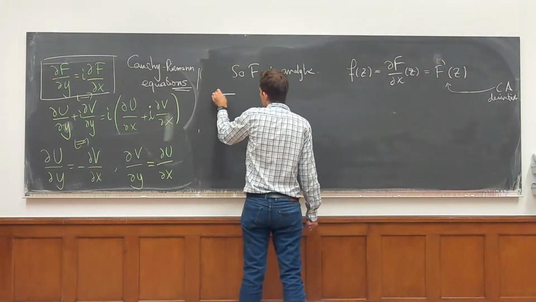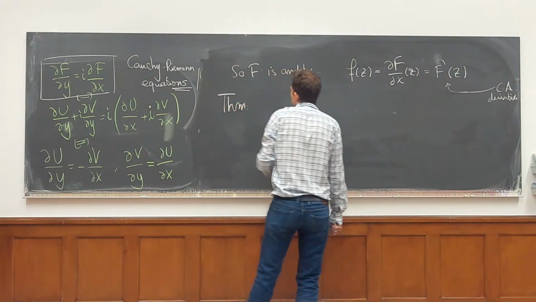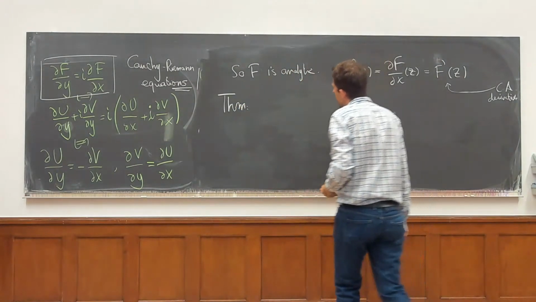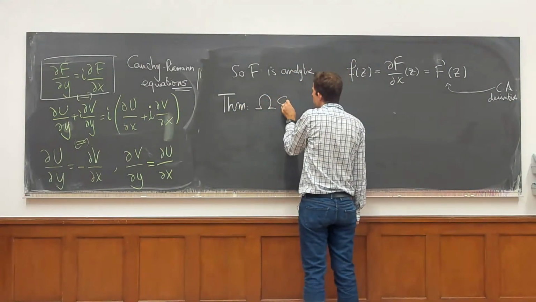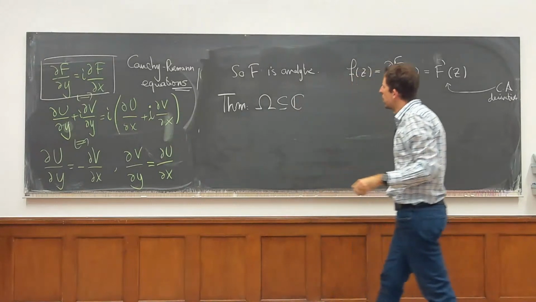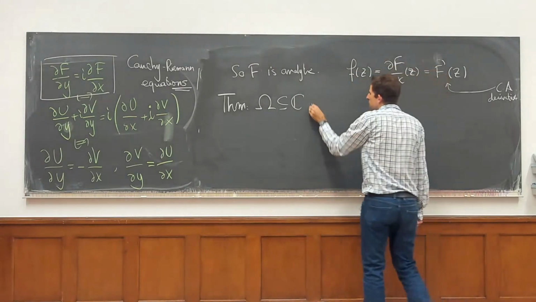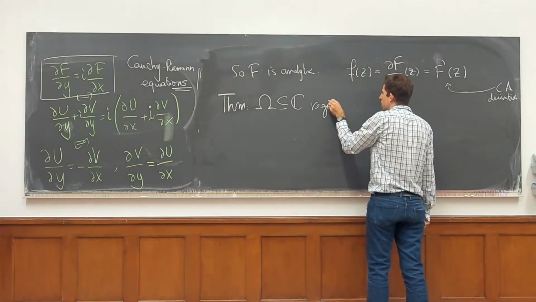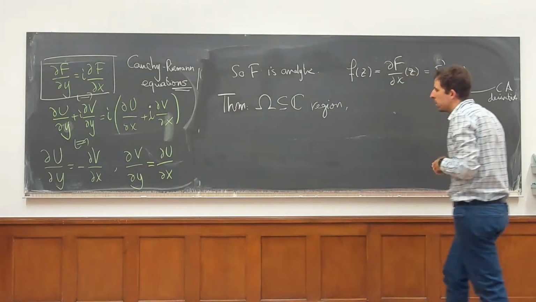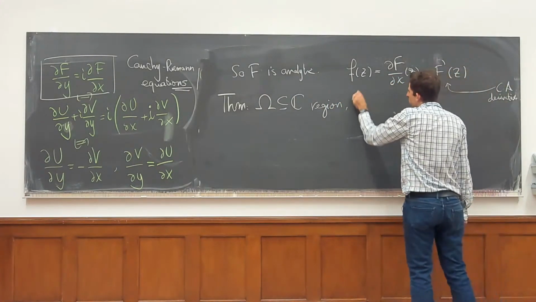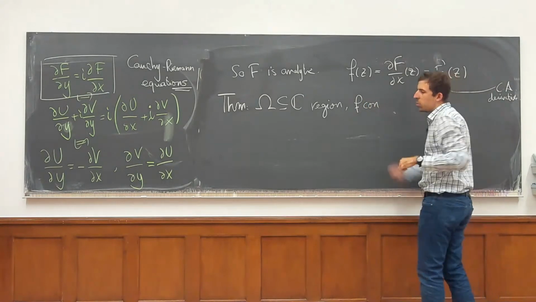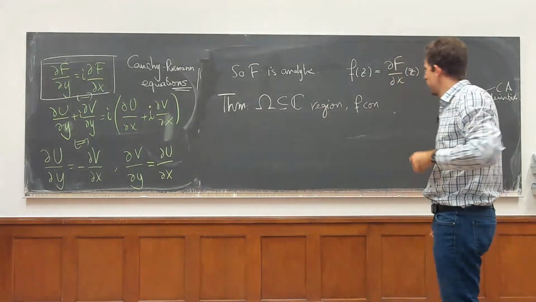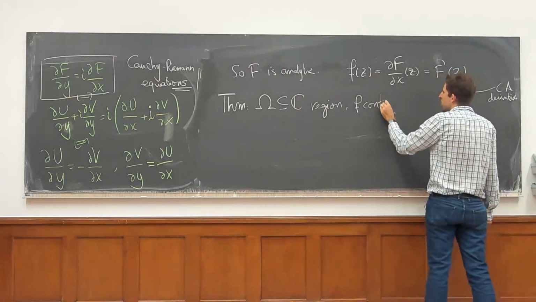Theorem. Let's say that we have a region, and f is continuous in the region, just because I want to be able to take integrals and not have to worry about things.